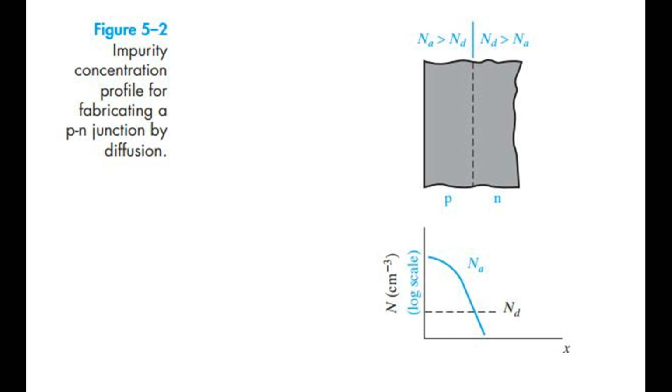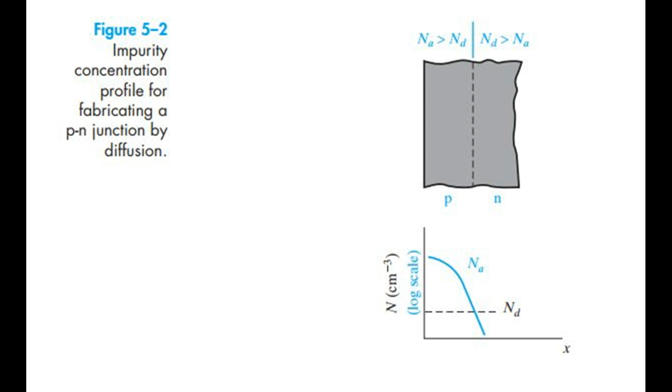Figure 5.2 Impurity concentration profile for fabricating a p-n junction by diffusion. On the other hand, if the dopant atoms are supplied continuously, such that the concentration at the surface is maintained at a constant value, the distribution follows what is called a complementary error function.